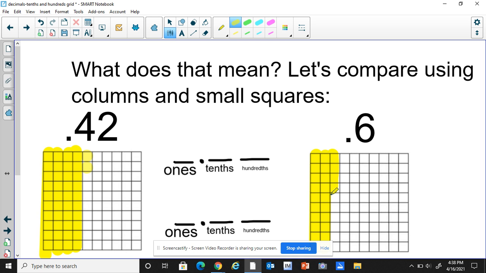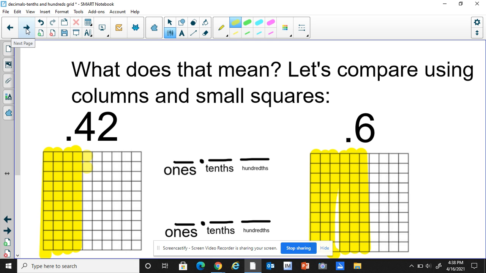So there's 2 tenths, 3 tenths, 4 tenths, 5 tenths, and then 6 tenths. So then we see that 4 columns and 2 small squares is less than 6 columns.